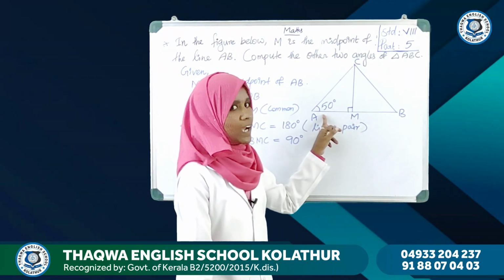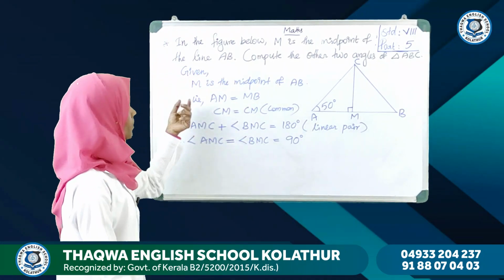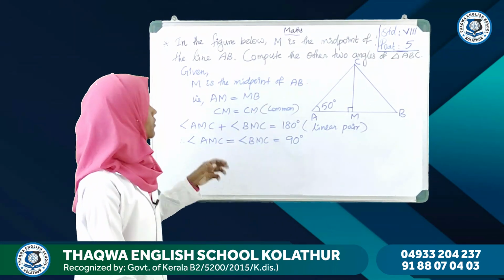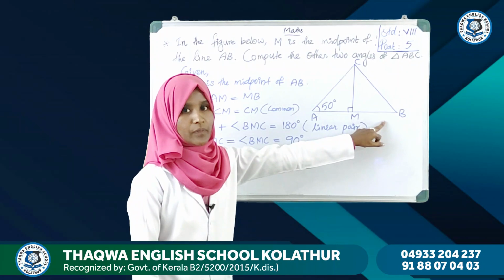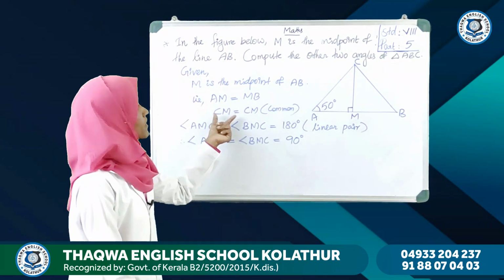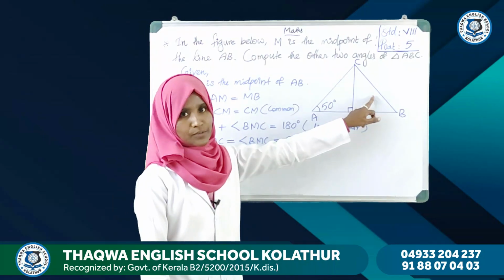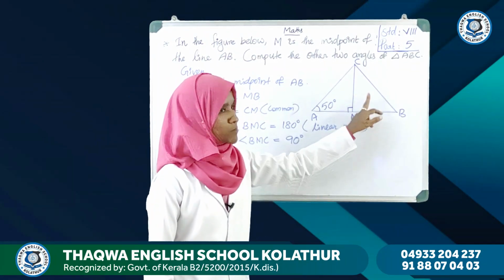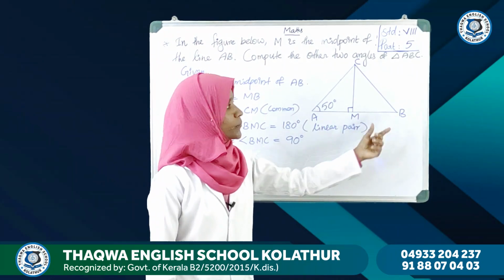You have given angle A 50 degree. Okay. Then if M is the midpoint of AB, we can write AM equals MB. Okay. Then CM equals CM, that is the common side. If we consider triangle AMC and triangle BMC, AM equals MB.